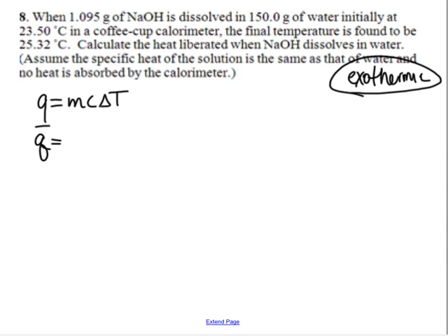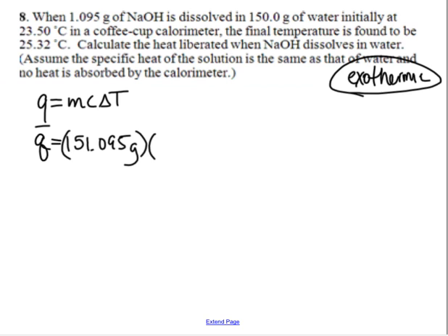So you can make that assumption unless they give you a different density, and then you'll have to find how many grams. So we have 1.095 plus 150, so it's 151.095 grams of reactant. Now, we have a solution here. It's not water now. It's got a different specific heat. But what did they say?